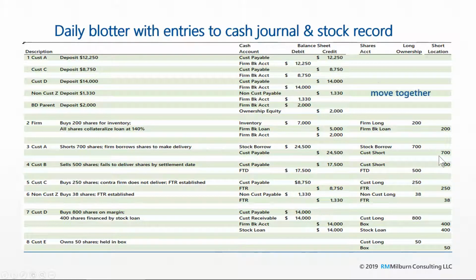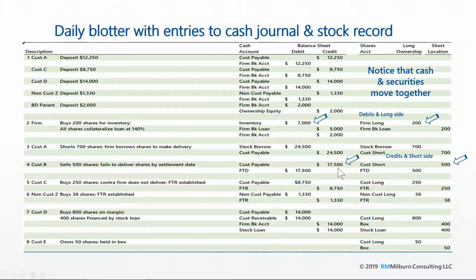Let's take a moment here and notice that cash and securities move together. The inventory was $7,000 and that was a debit on the balance sheet. And it was on the long side of the stock record for firm long. Number 4, customer B, he sold 500 shares.